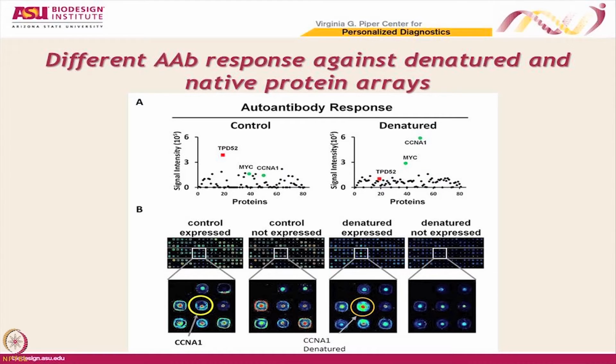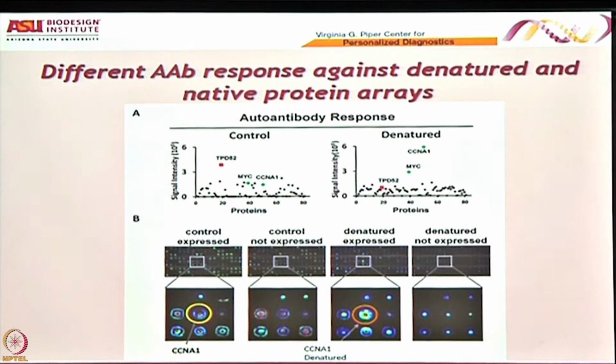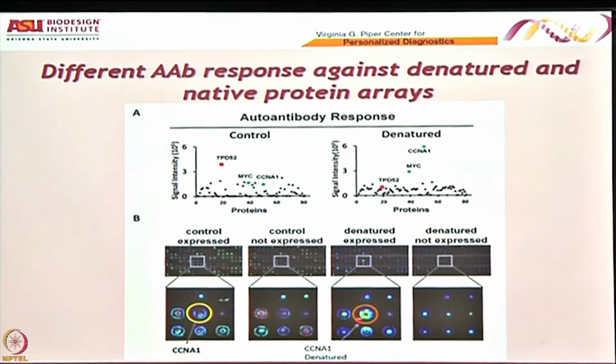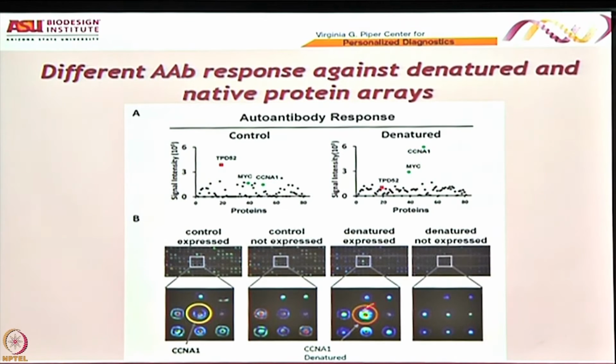So that patient's serum response was different depending on whether they were folded or whether they were not folded proteins. I think you can see that response here, binding to the denatured protein, whereas you don't see it so strong in this guy here. Okay? Any questions on that part?